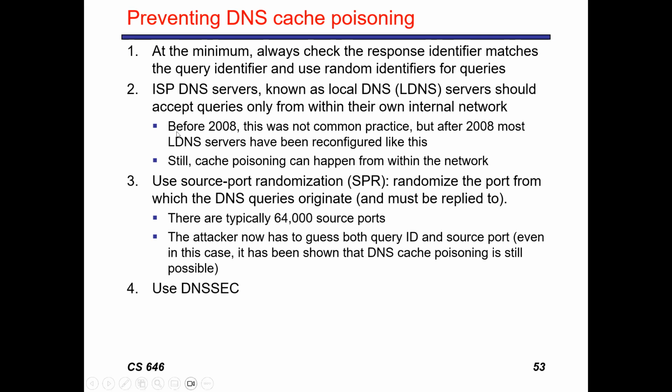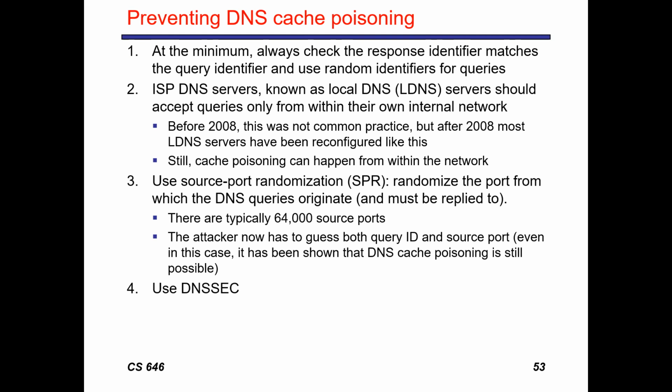ISPs' DNS servers, which are known as local DNS or LDNS servers, should accept queries only from within their own internal network and not from the external network. Before 2008, that was not a common practice because the servers were accepting queries from external networks as well. However, they changed this practice, and now they accept only from the internal network.